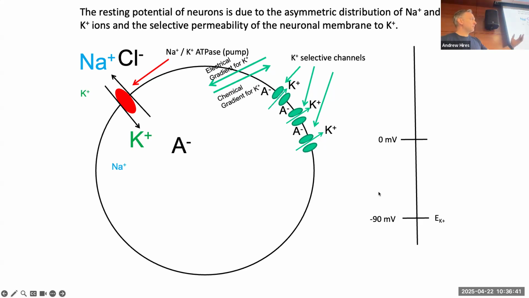If we were to go above negative 90 millivolts, then the inside is not as negative. It's not pulling on the potassium as hard. The potassium will leak out and tend to bring the electrical potential back down to negative 90 millivolts. If only potassium channels are open, and the concentration difference is what it is, which is maintained by that pump, then the membrane potential would be negative 90 millivolts.